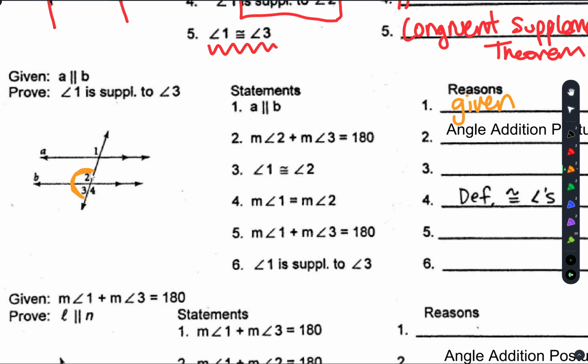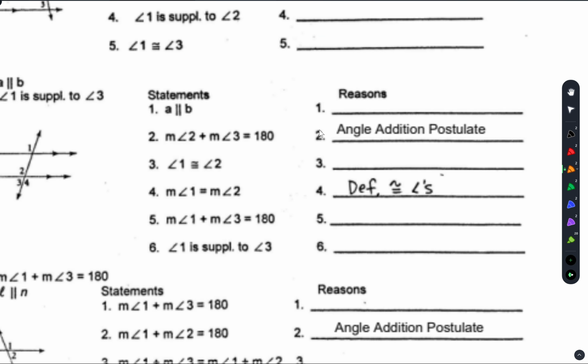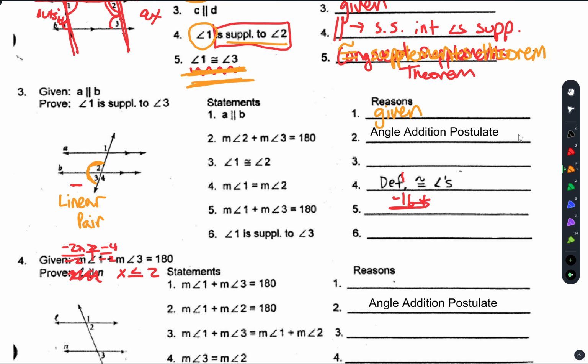What do we call 2 angles forming a straight line? Dahlia? Yeah. Anytime we see a linear pair, we can say that their measures add up to 180, and all we have to say for that is the angle addition postulate. So this is one that does show up on your homework, so just maybe star it. I don't know why it's filled in here.